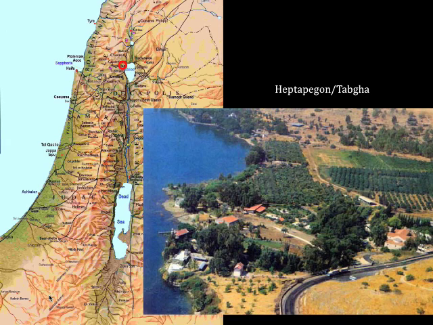Those 7 springs are at this site, Heptapegon, whose Arabic name transmutes into Tabga. You can see the root for it right about there.